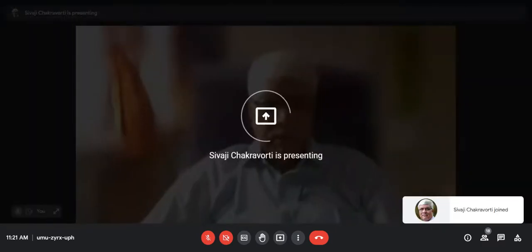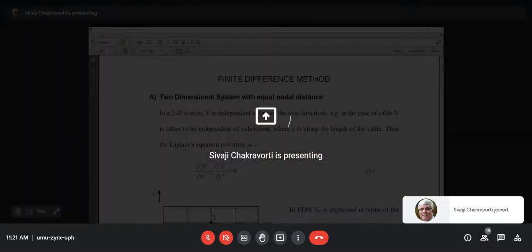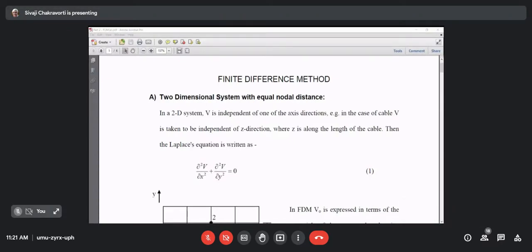Now you probably will be able to see I have even, yeah. So you can see the file now. Yes, sir. Okay, so now finite difference method.